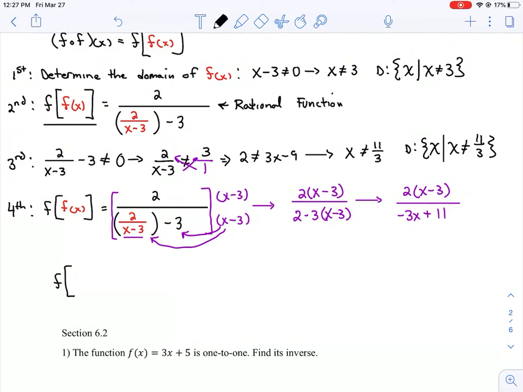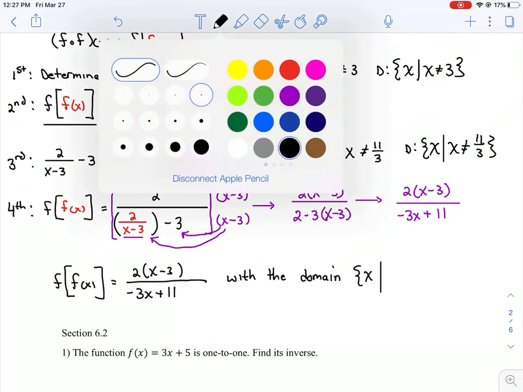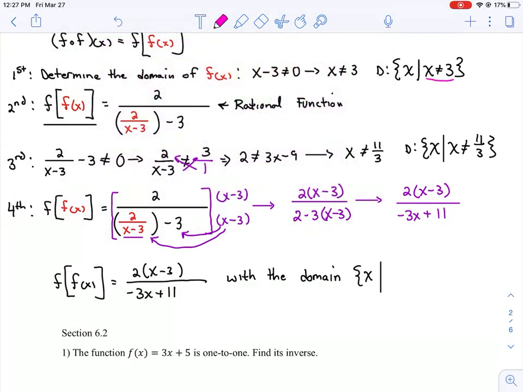So the composition f composed of f of x is equal to 2 times x minus 3 divided by negative 3x plus 11, with the domain x such that, from step 1, x cannot equal 3, and from step 3, x cannot equal 11/3.